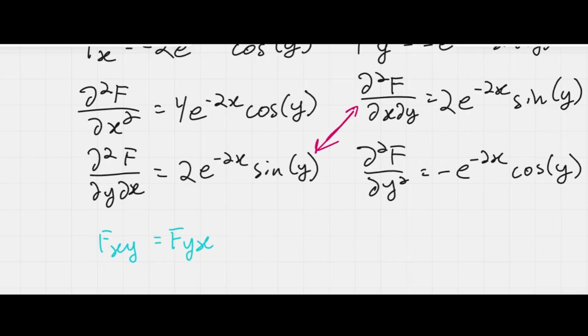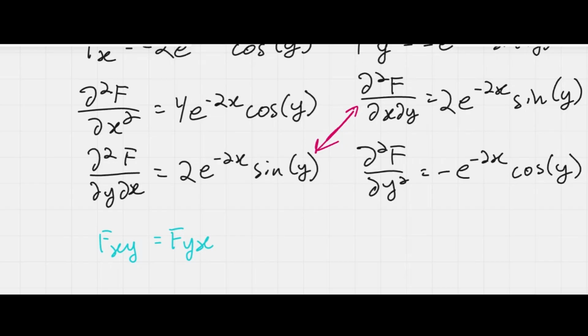In fact, this has been established long ago through what is known as Clairaut's theorem. And what that basically means is that suppose we have a function f that's been defined and contains any given point a, b.